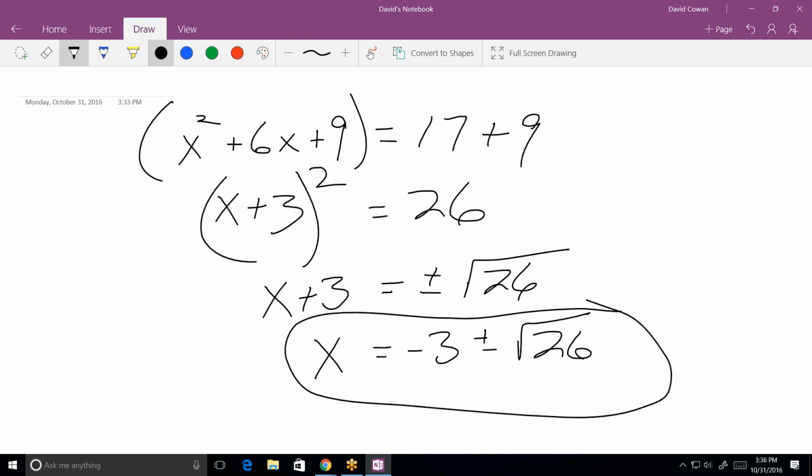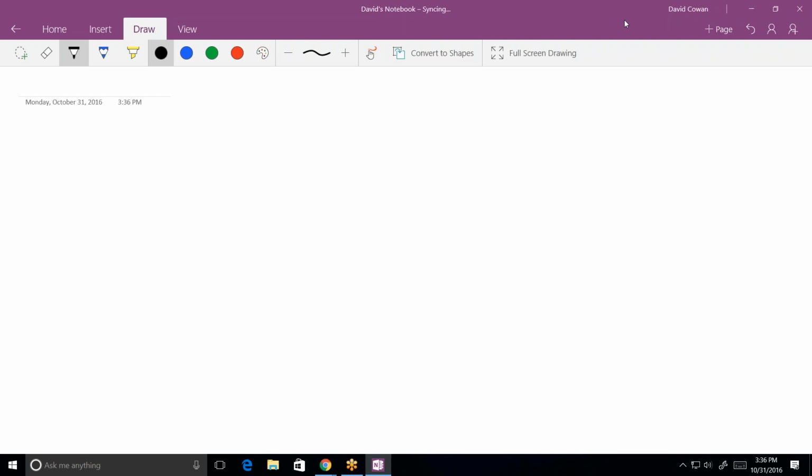Now, let me give you a situation where I don't have the option of using the quadratic formula. Let's say I have the following.